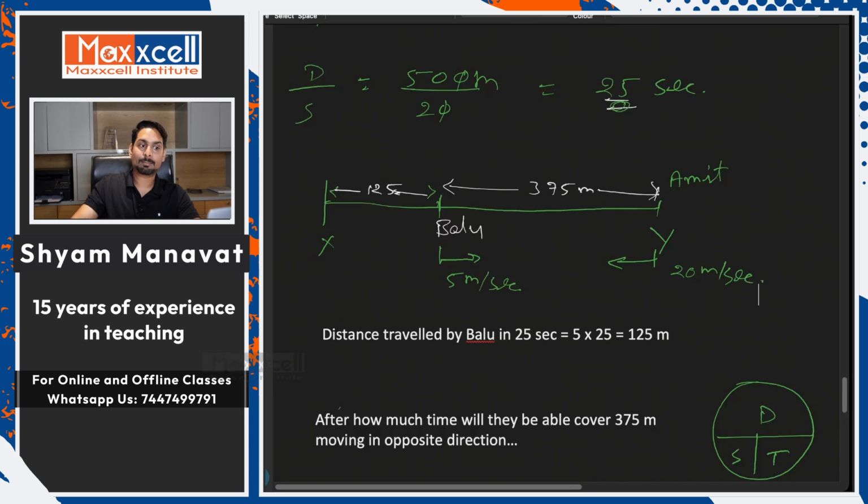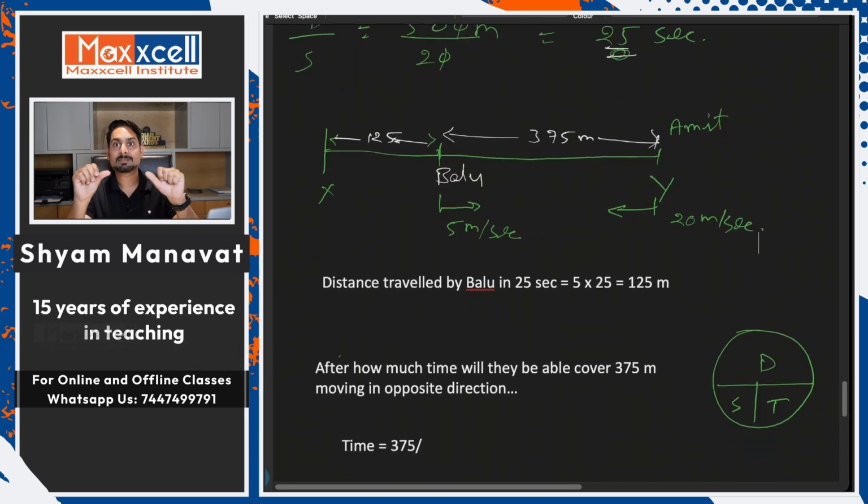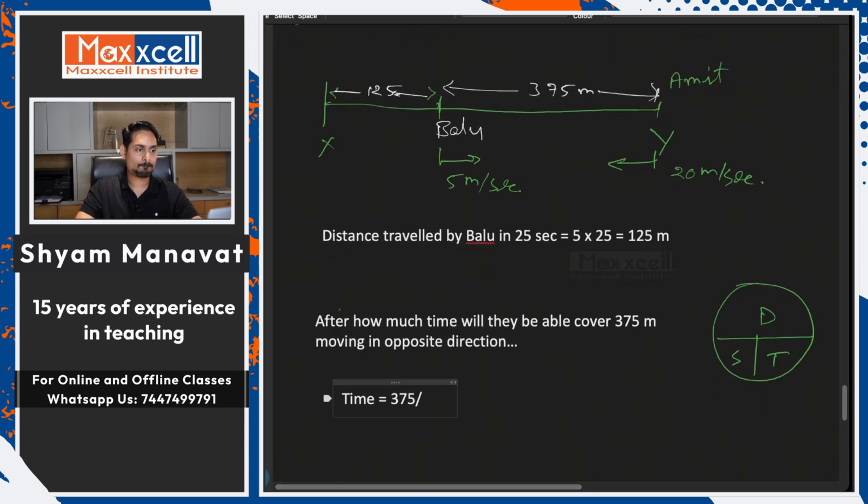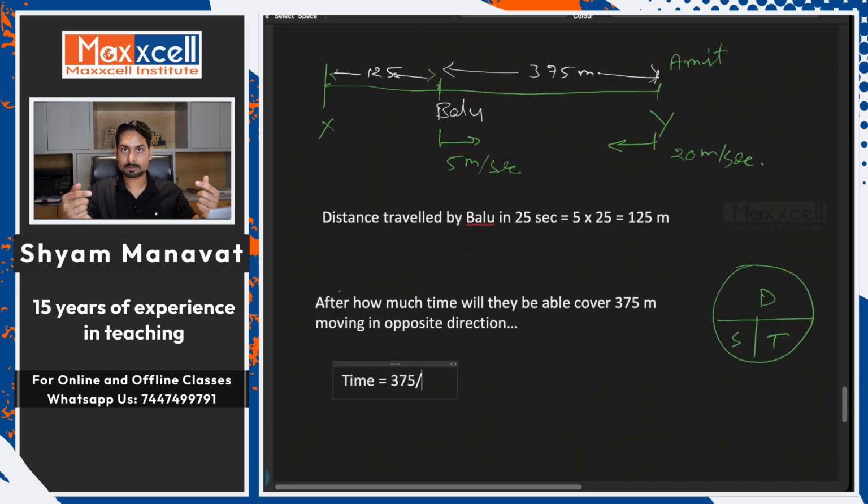When they are moving in the opposite direction, the relative speed will be plus. So their relative speed is 25. Distance upon speed, so they will take another 15 seconds to meet.